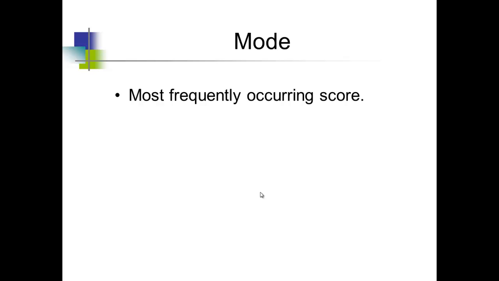Modes. People like modes because they assess the most frequently occurring score. The mode gives people a good sense of what most of this data is like. What are most of the incomes in the United States like?